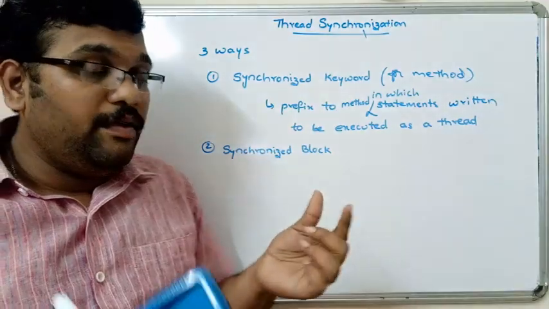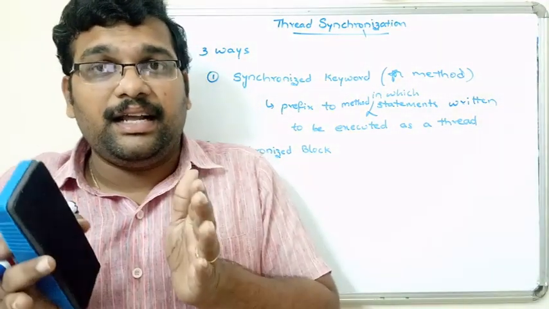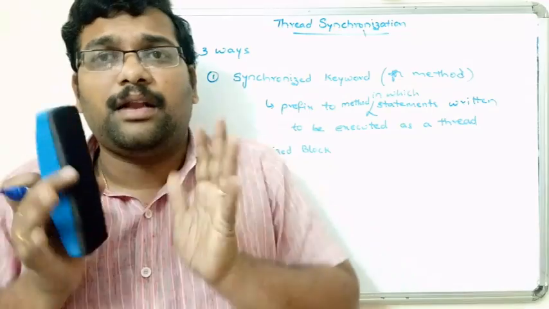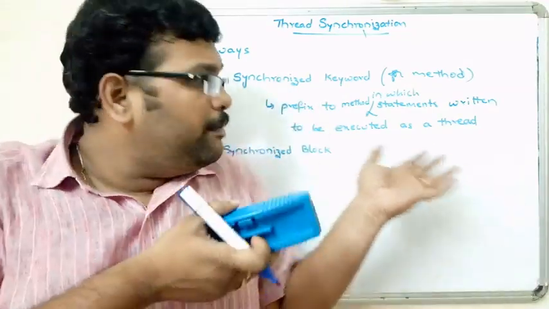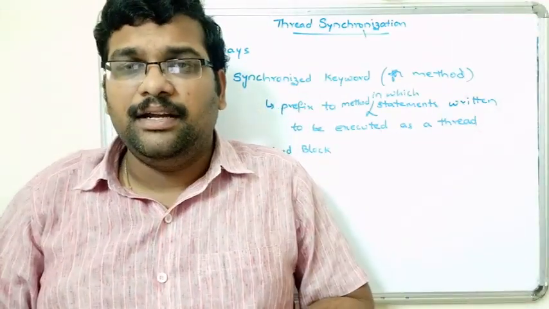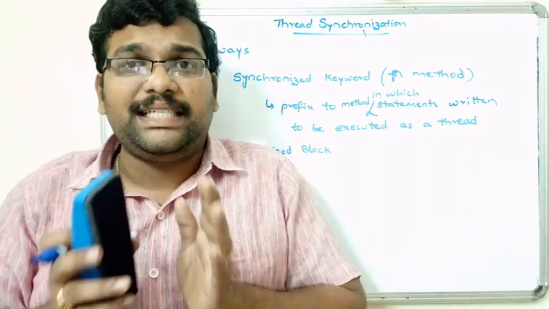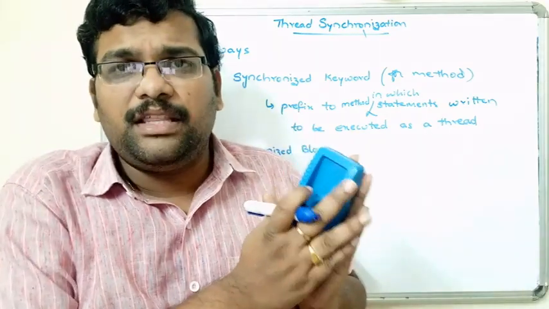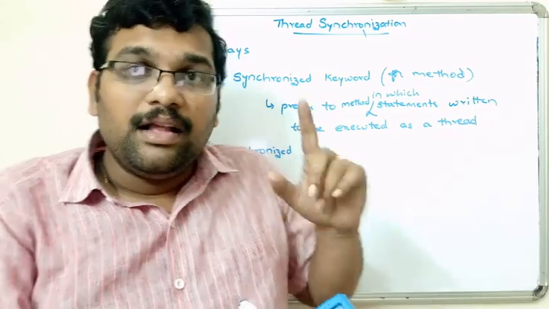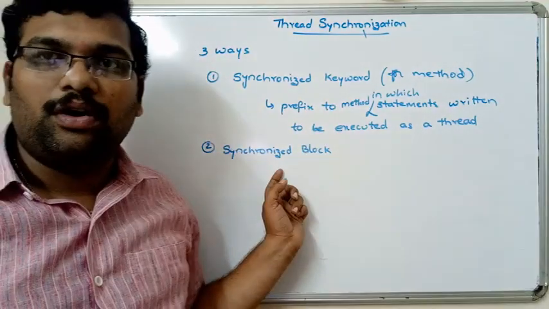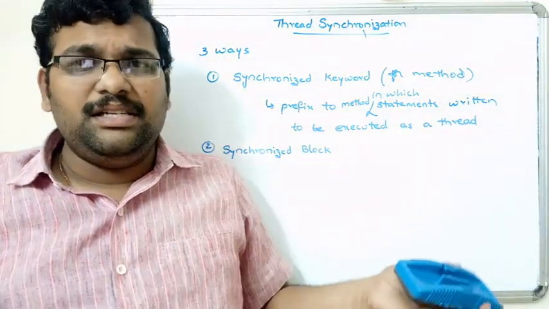But if we want to restrict the synchronization to a few lines of a particular method, since a method can have a number of lines, then we will go with the synchronized block. So this is simple.